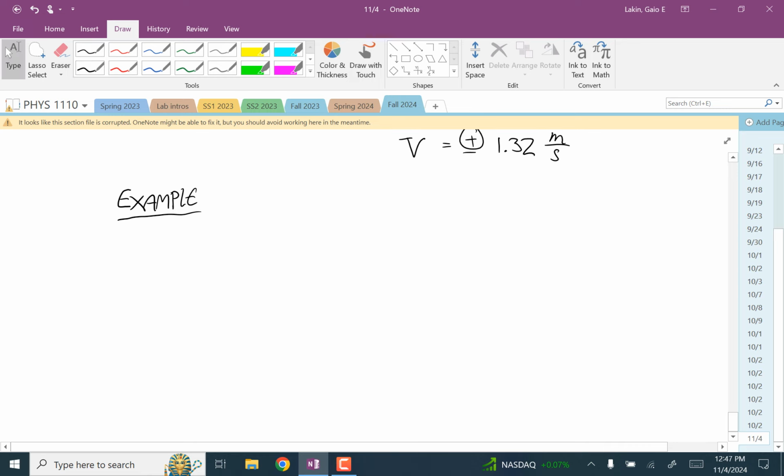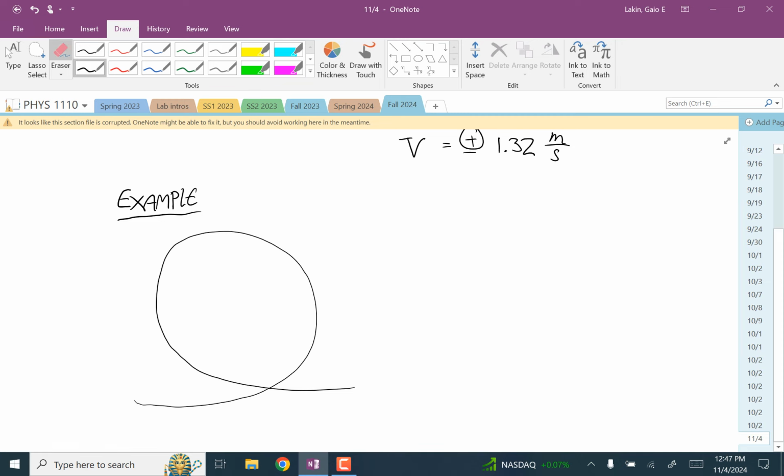So let's imagine that somebody's on a motorcycle going through a loop-de-loop. I don't know what a motorcycle looks like. Yeah, exactly like that.